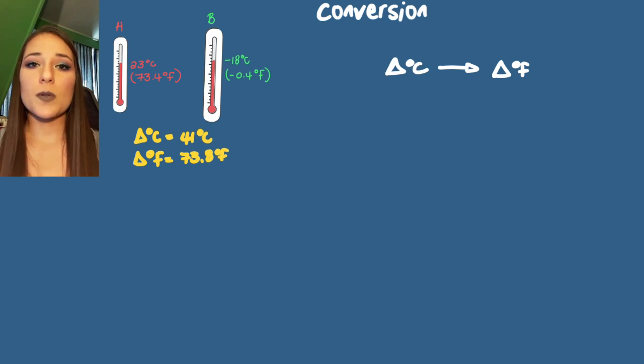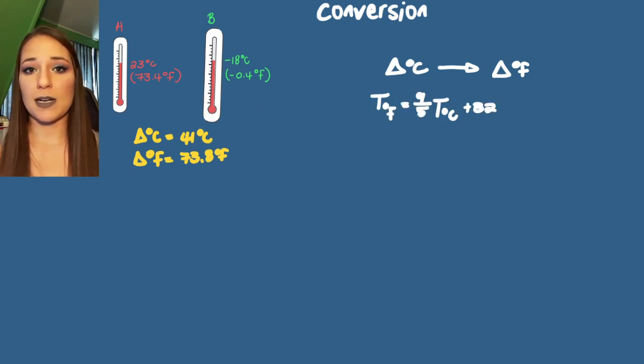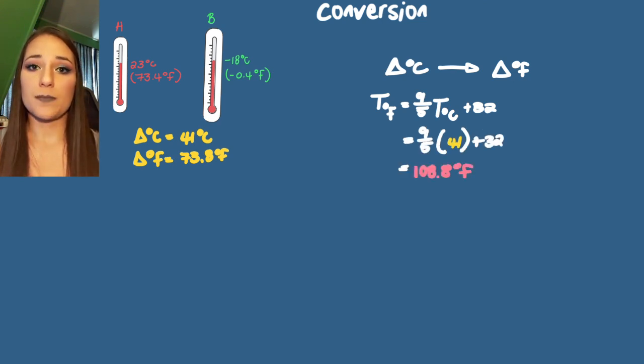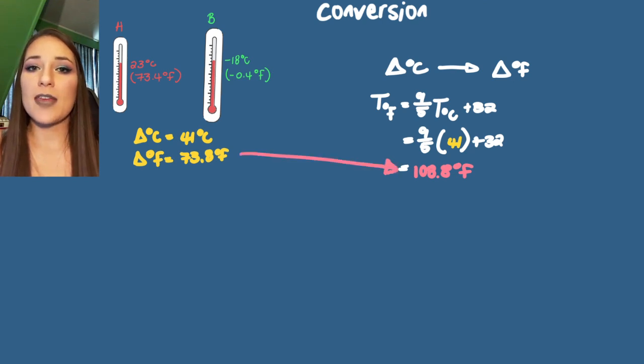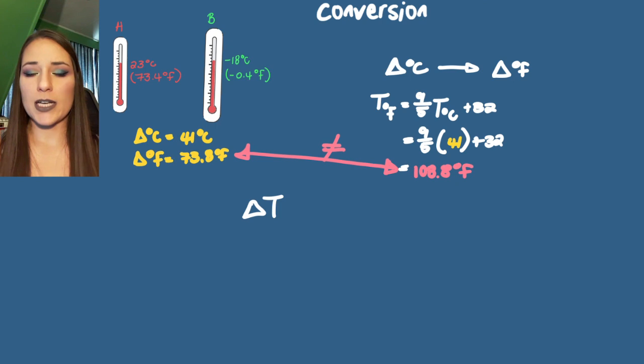Well, most people would be tempted to do something like this, where we use the point temperature equation to convert the delta temperature. We can see that the converted delta temperature and the calculated delta temperature for degrees Fahrenheit is not the same. And the reason for this is a delta temperature is the change in two point temperatures.